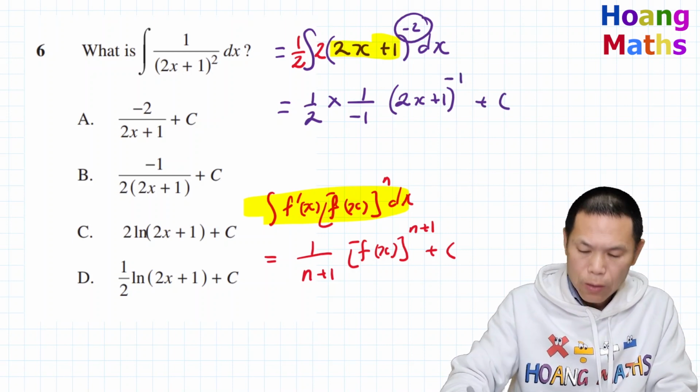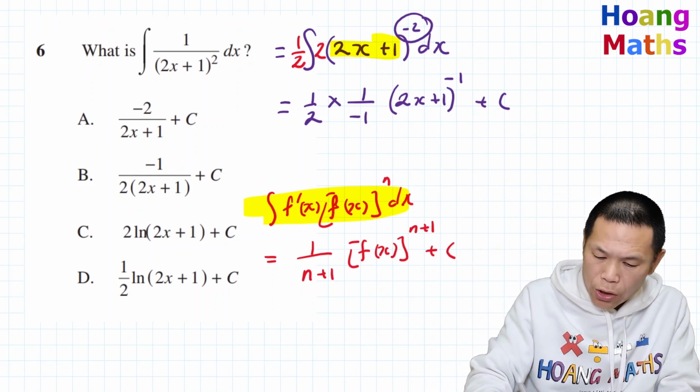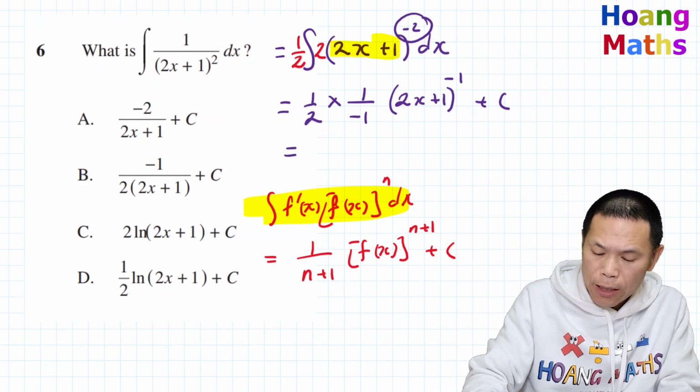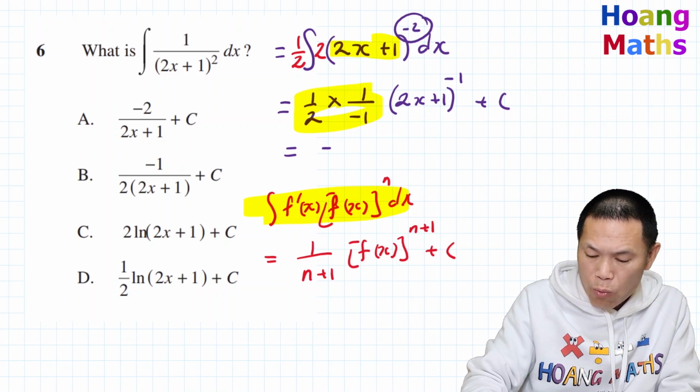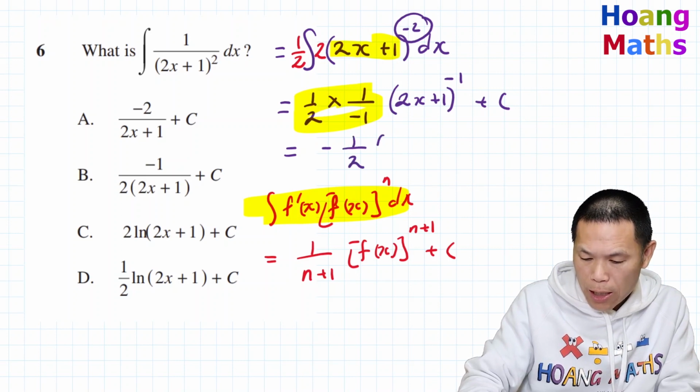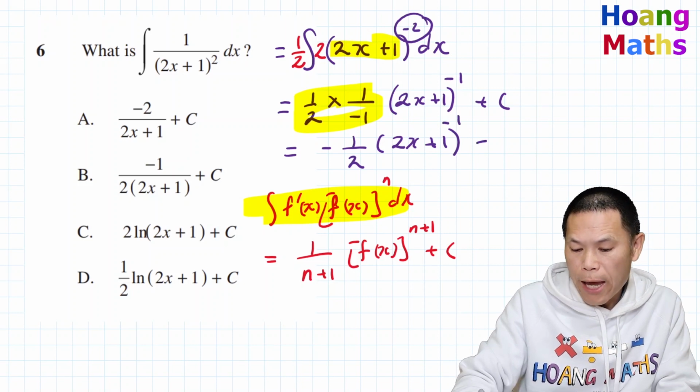We add a c. Let me simplify this a bit further. This group times together gives me negative 1 half, so that becomes negative 1 over 2, then 2x plus 1 to the power of negative 1, add a c.